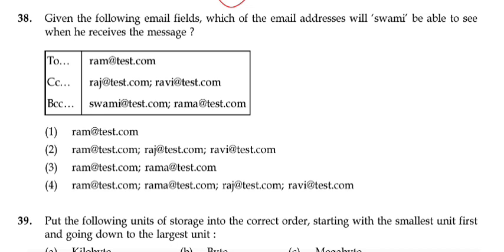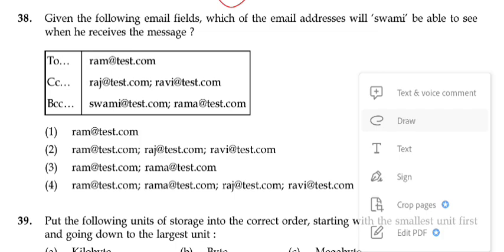Number 1 says ram@test.com. Number 2: ram@test.com, raz@test.com, ravi@test.com. 3: ram@test.com, rama@test.com. 4: ram@test.com, rama@test.com, raz@test.com, ravi@test.com. So choose one. It will be number 2.